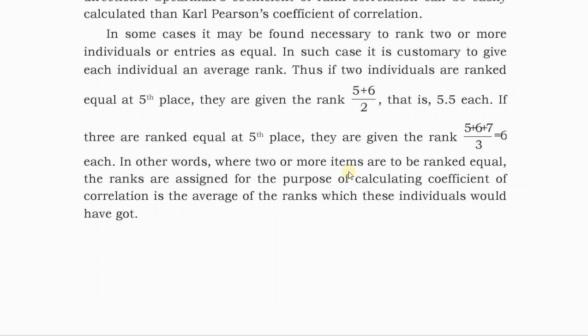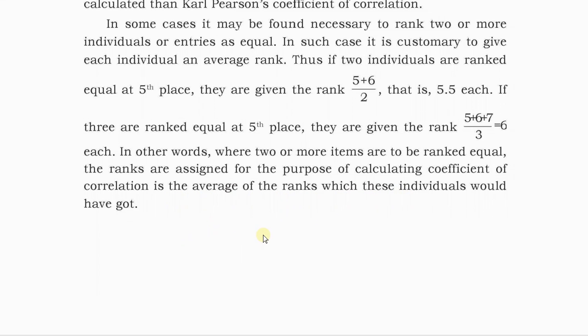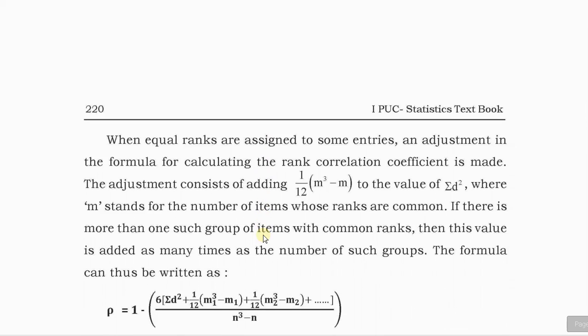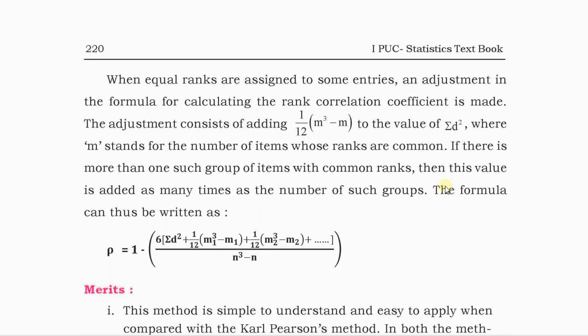In other words, if two or more items are to be ranked equal, the ranks assigned for the purpose of calculating the coefficient of correlation are the average of the ranks which these individuals would have got. When equal ranks are assigned to some entries, an adjustment in the formula for calculating the rank correlation coefficient is made.